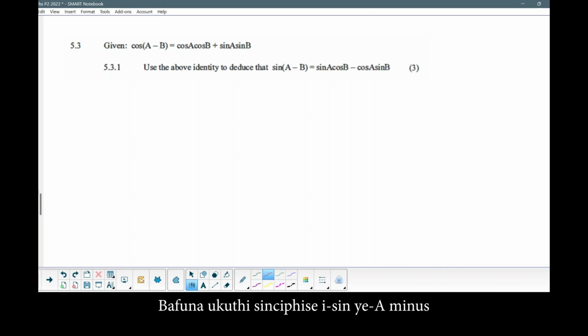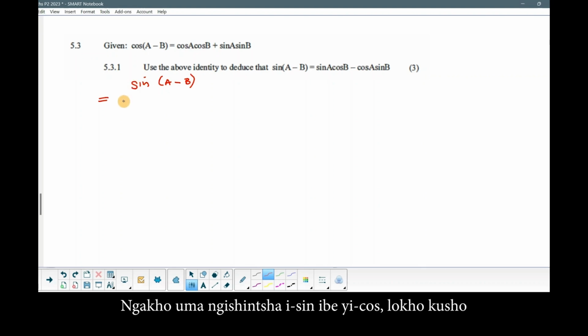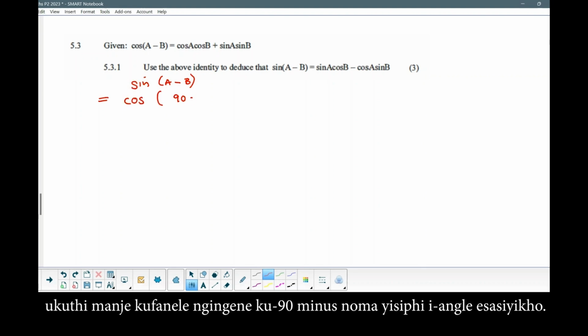We want to simplify sine of a minus b. But they want us to use the cos. Now, how do I change sine to cos? Well, I use its co-function and its complementary angle. So if I'm changing sine to cos, that means I now have to introduce a 90 minus whatever the angle was.